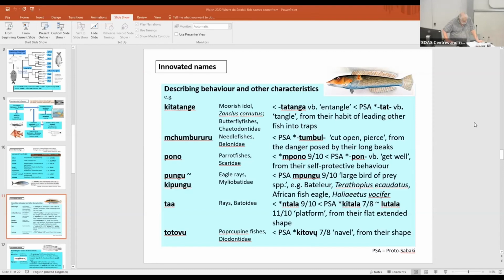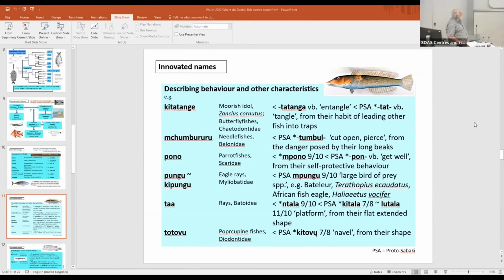The original meaning of many names has been forgotten. In some cases, it can only be guessed at, while other names are evidently more recent innovations. So it's a process that you find happening up until recent times, but also with a lot of these older names that you can reconstruct to the pre-Swahili stage of linguistic development.